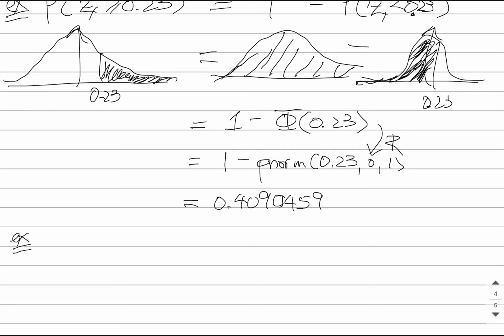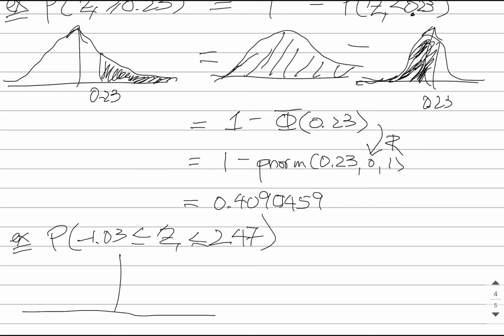So for instance, you could say, let's figure out the probability of z being between negative 1.03 and 2.47. So then again, it becomes a question of visualizing to understand what your problem is, and then using R to calculate it.